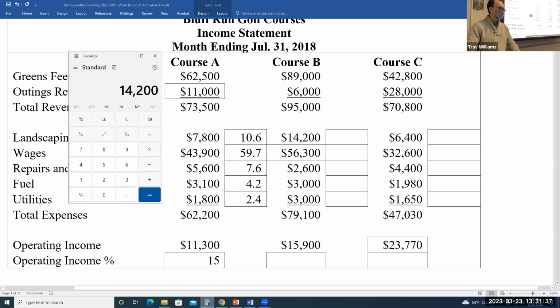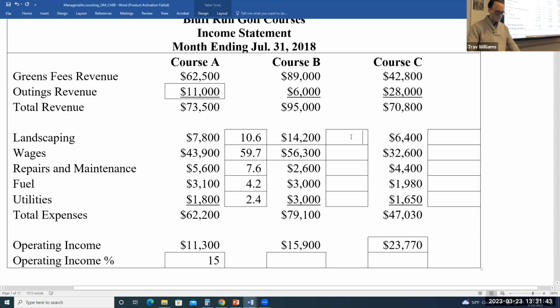How's it looking so far? Got the bottom.